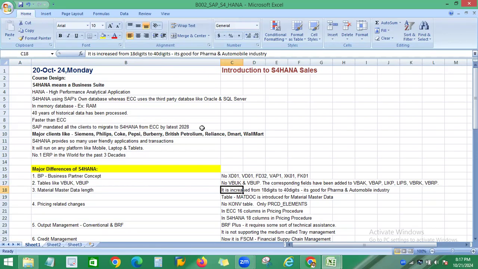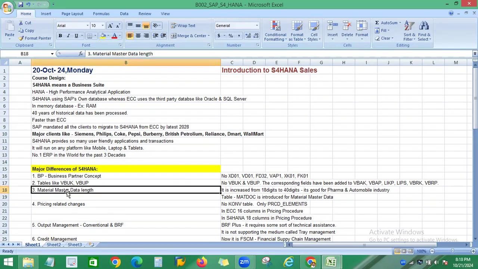So why does it go to 40 characters? Because this is helpful in the pharma industry and the automobile industry, where it will be easy to see such material numbers.